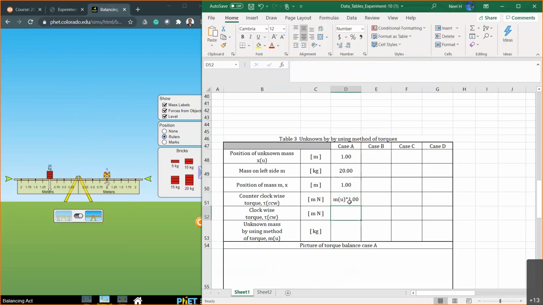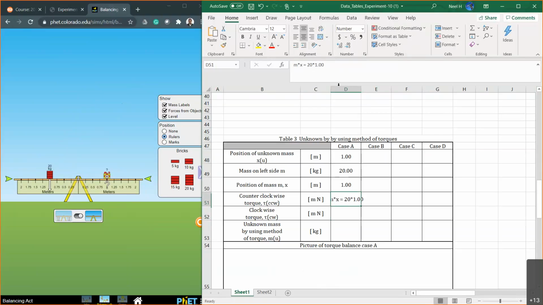And sorry, the counterclockwise. Counterclockwise is the mass known, which means mass m multiplied by the position of that, x. Let's write down that equation there. Mass of m, position of x: mass m, 20 kilogram, multiplied by position, in this case 1.00 meters.